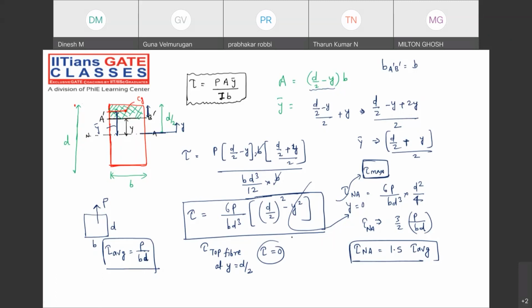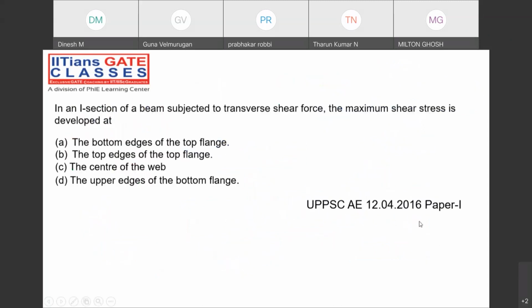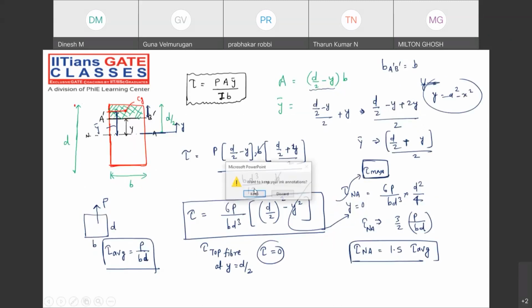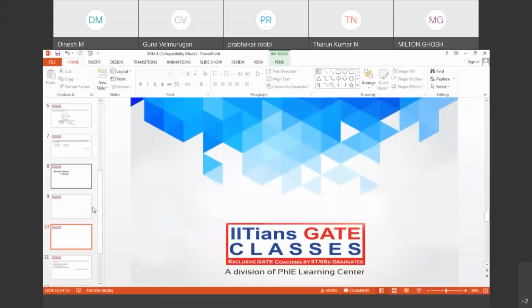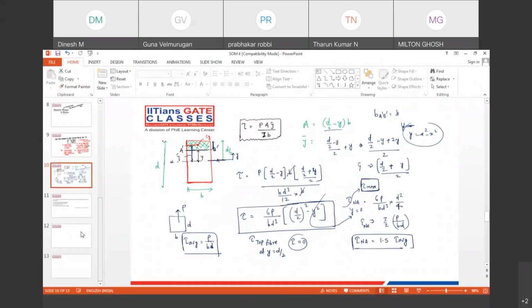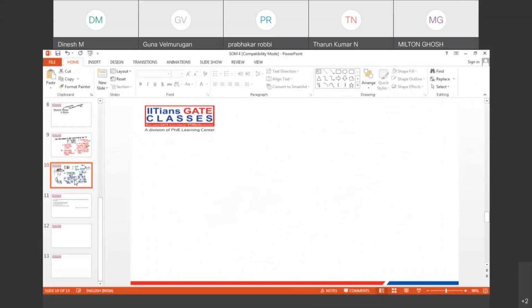It is something like this. Y is equal to a square minus x square, something like that. That means it's a parabola equation, so we can write the distribution for that.